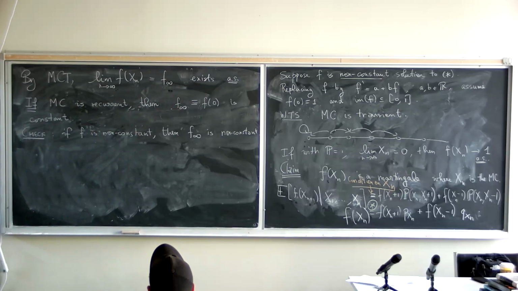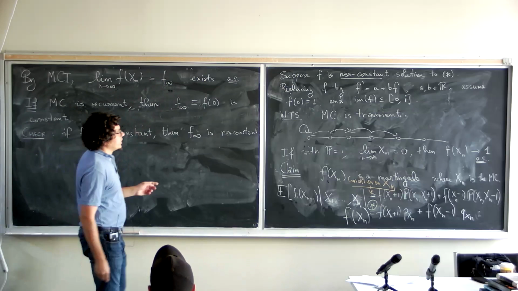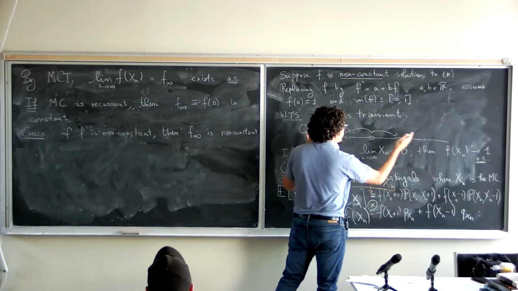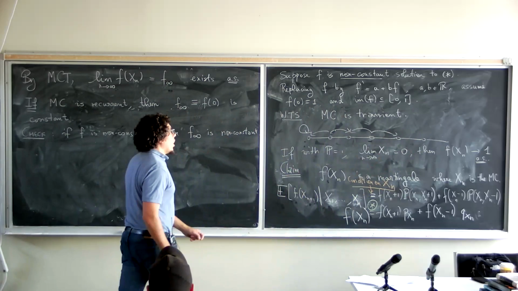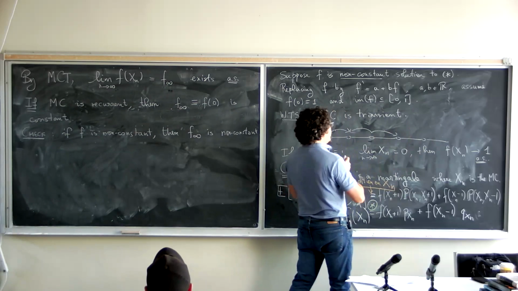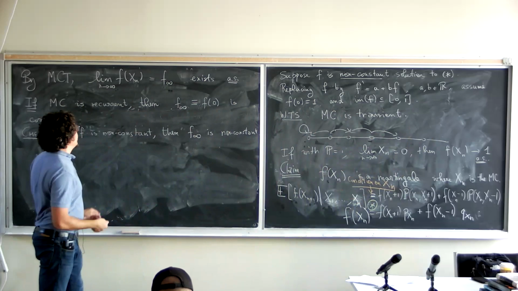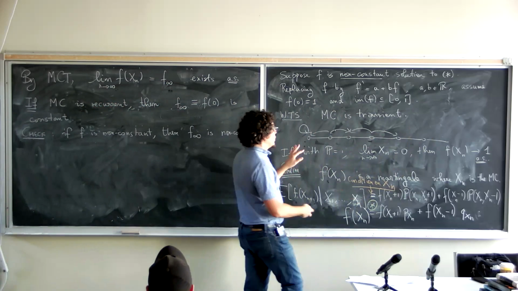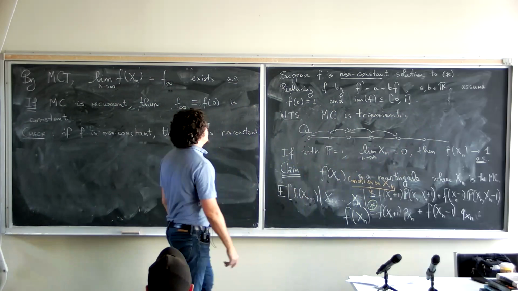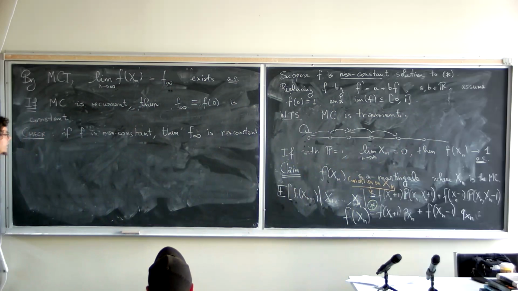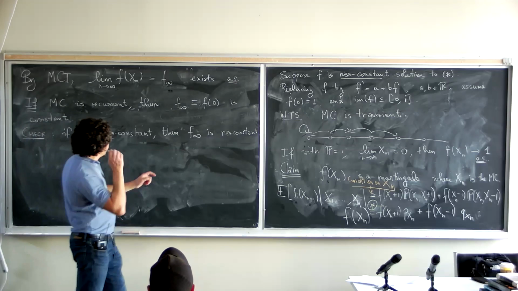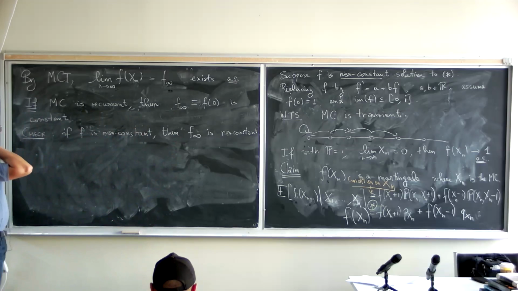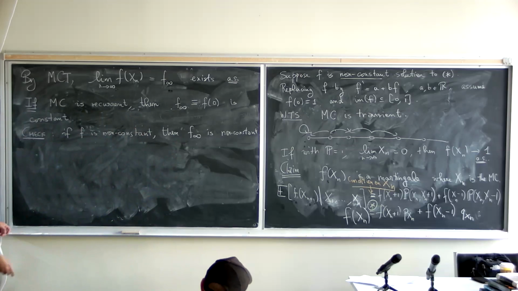And so in the end, if you start with a function on this graph that is non-constant, then we know by the martingale convergence theorem that running this limit procedure will get you a function which is also harmonic, and in particular this will give you a function that would be constant if the Markov chain is recurrent.